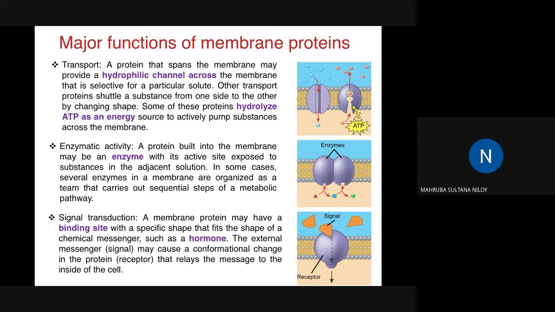Hexokinase, right? Yes, sir. So enzyme just helps in conversion of one molecule into another form. So this membrane protein may act as enzyme. Is it clear? Yes, sir.